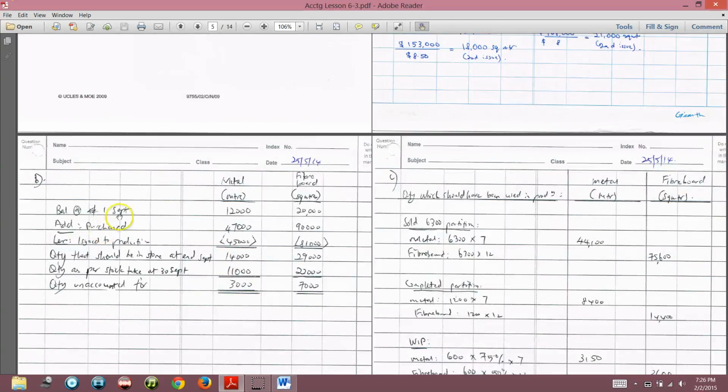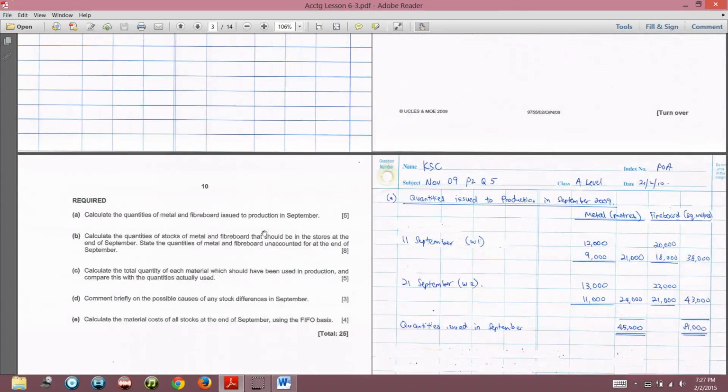So, balance at 1 September. According to note 1 of the question, the metal is 12,000 and the fiber board is 20,000 on 1 September. Then purchased, under note 5 of the question.